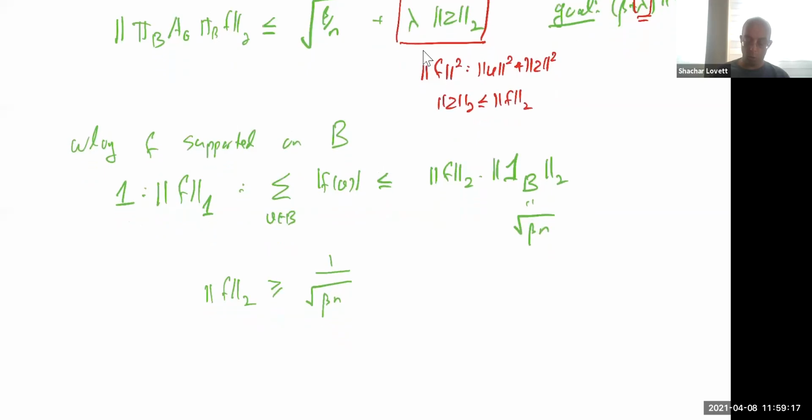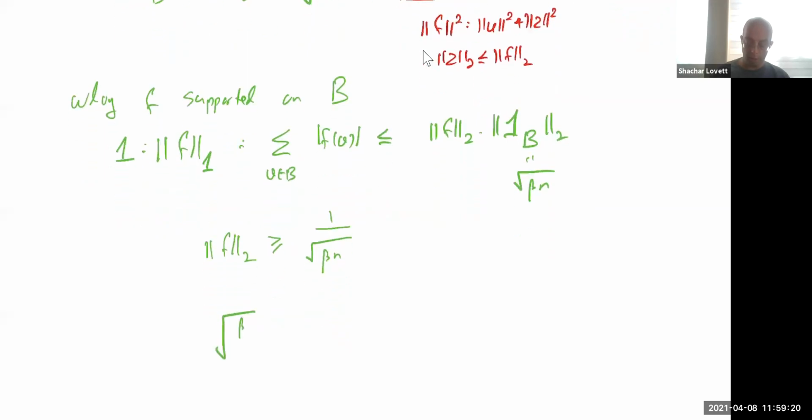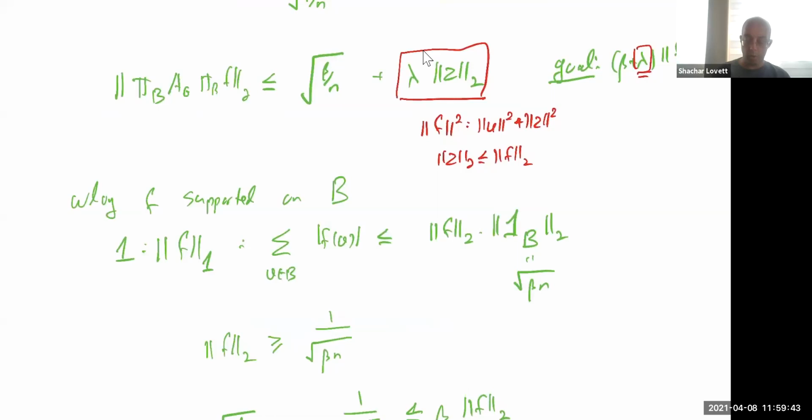Or another way of saying that, root beta over n is smaller than, well, it's equal to beta times 1 over root beta n, which is smaller than beta, the L2 norm of F. Okay? So there was a bit of a circumventing way, but because F was supported on B, the second error term we got here, we can directly say this is smaller than beta, the L2 norm of F, because F is supported on B, and because F is a distribution. Okay.